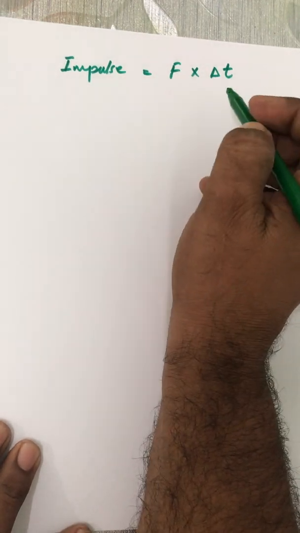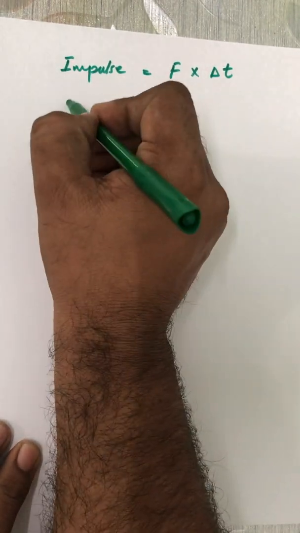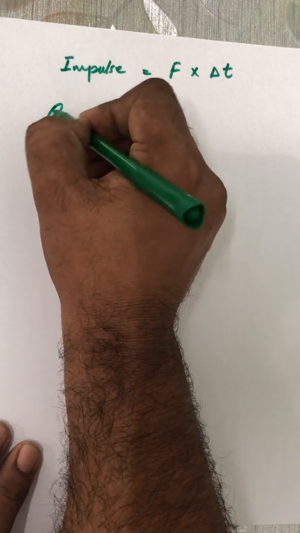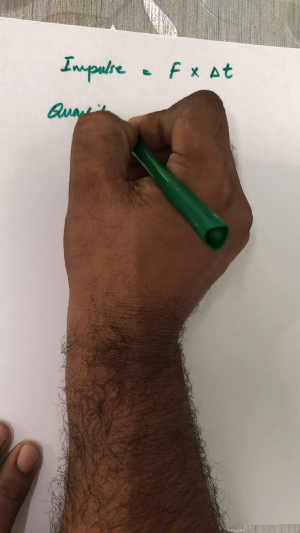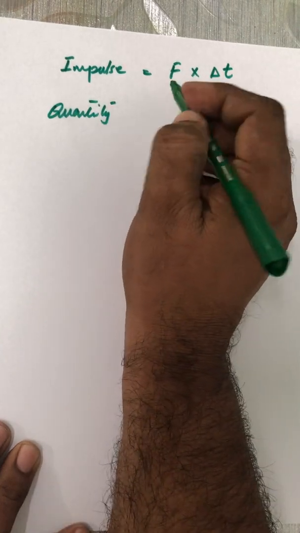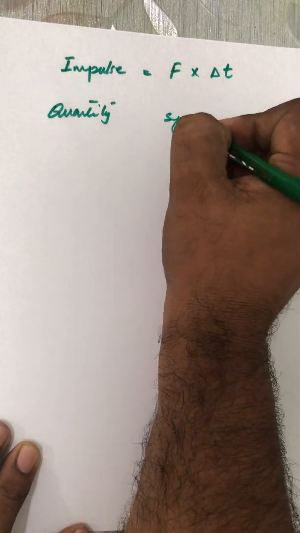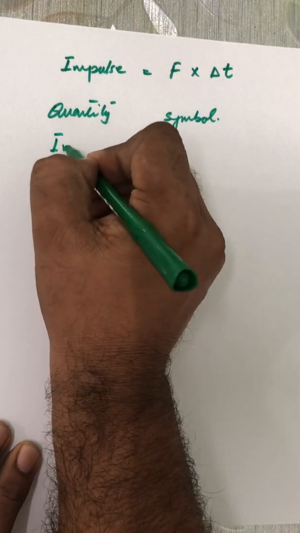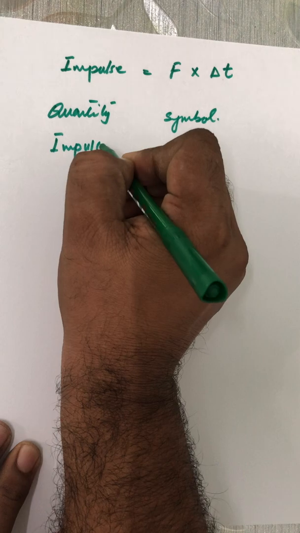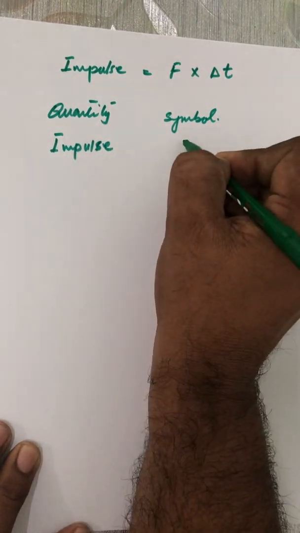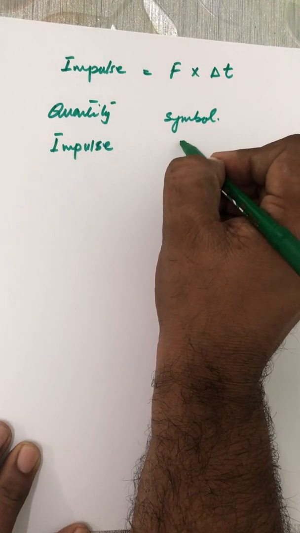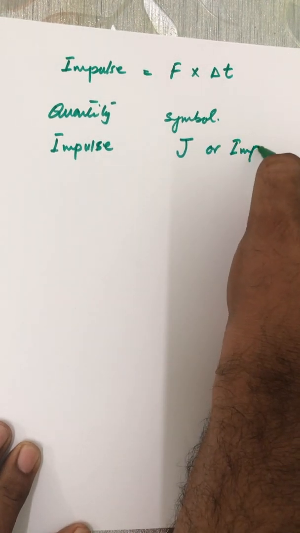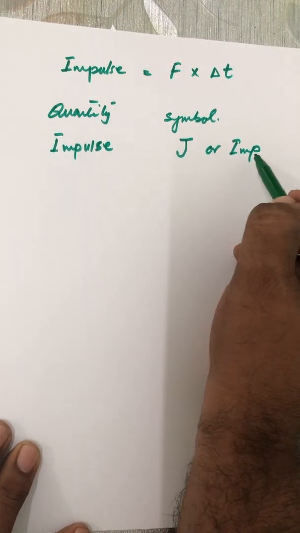And now you see here I am writing the quantity and the symbol. What is the quantity? Impulse is the quantity. What is the symbol? The symbol is J, or sometimes we write it as IMP. So whatever you like, you can use J or IMP.